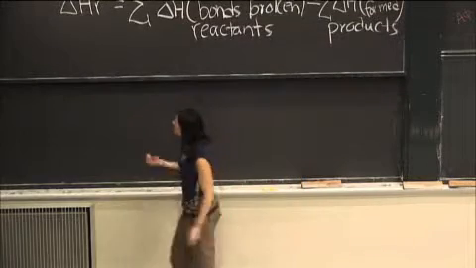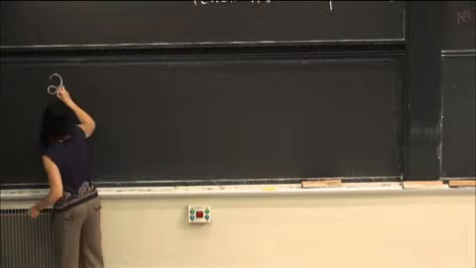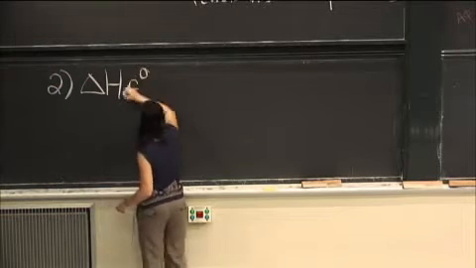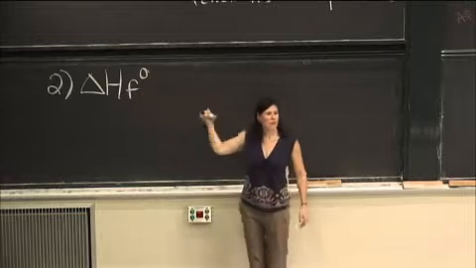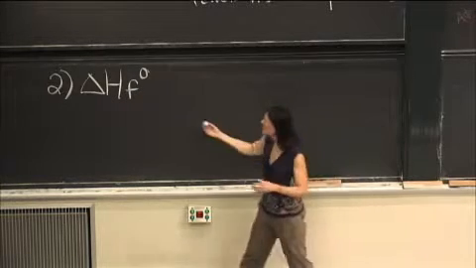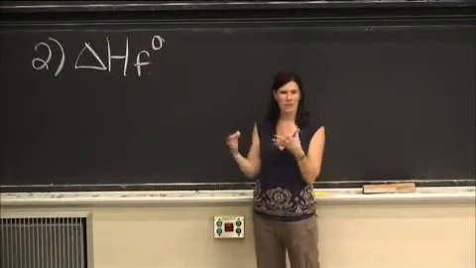The second strategy that we learned is thinking about bond enthalpies of reaction by using the enthalpy change in terms of the enthalpy of formation. This one is sometimes a little bit more intuitive because we're talking about the enthalpy change it takes in order to form a given molecule.